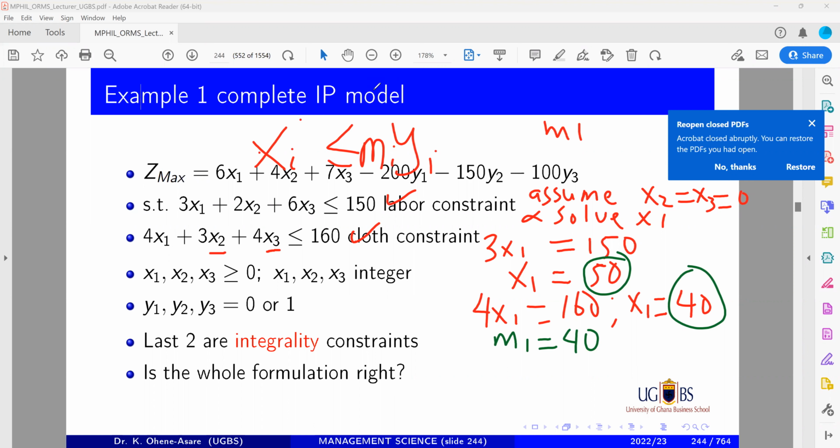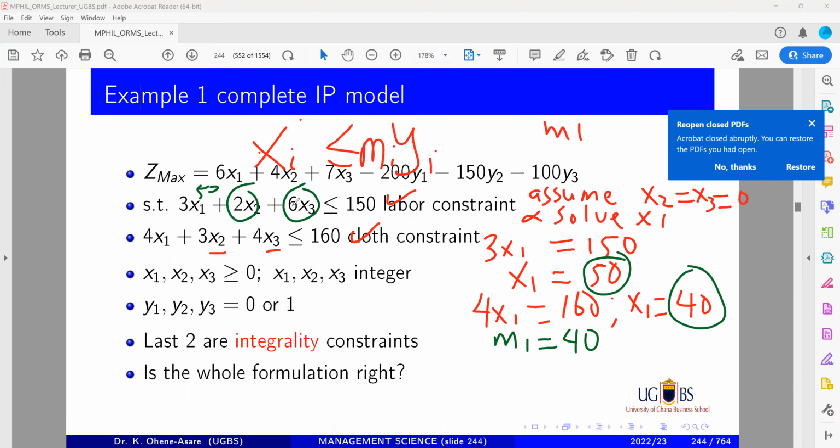Let's prove that. Take the first one, the 50, and drop it into the values and see whether it will satisfy the labor constraint. If you drop 50, assuming that x2 is 0 and x3 is 0, you will have 3 times 50, and 3 times 50 is what? 150.